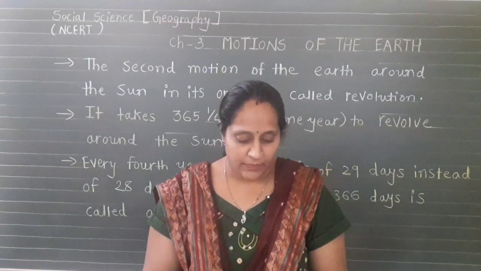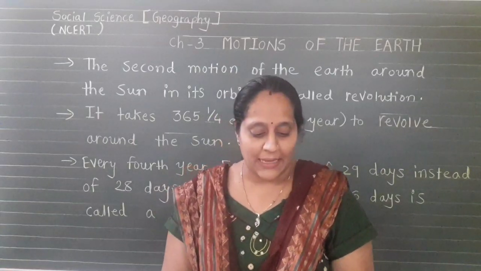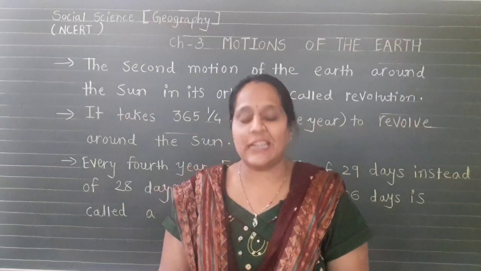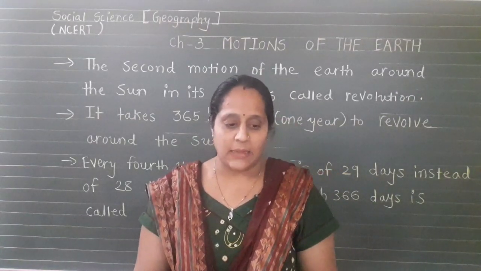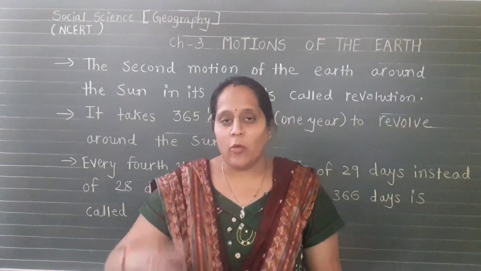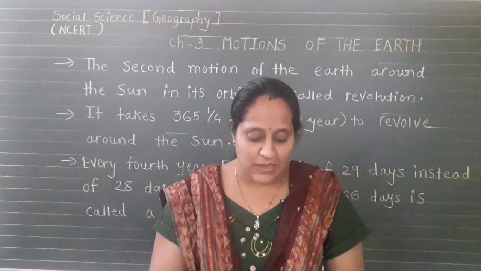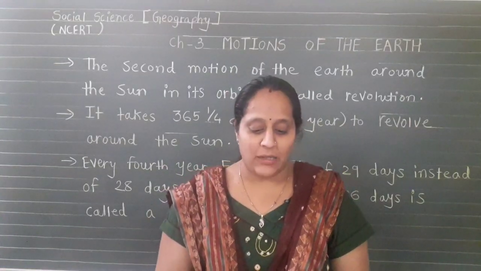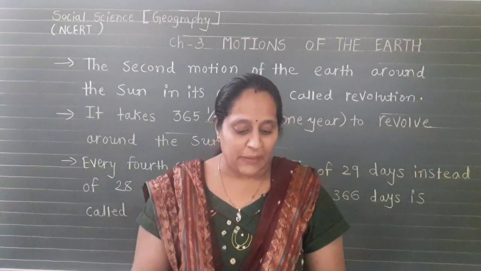After this we study one figure. Through this it is clear that the Earth is going around the Sun in an elliptical orbit. What is meant by an elliptical orbit? It means our Earth revolves from west to east in a fixed path. This fixed path is called the elliptical orbit.